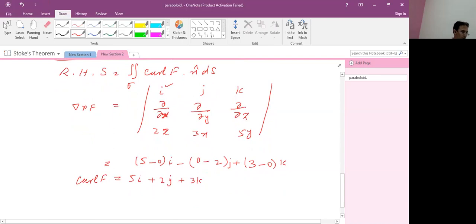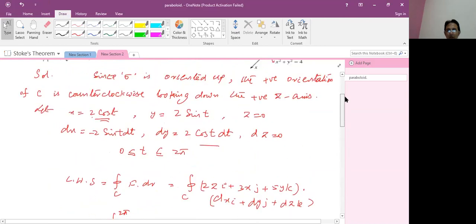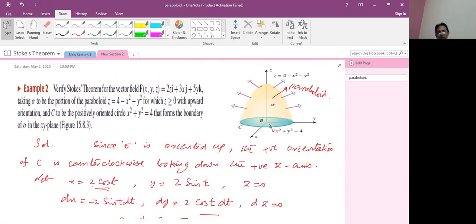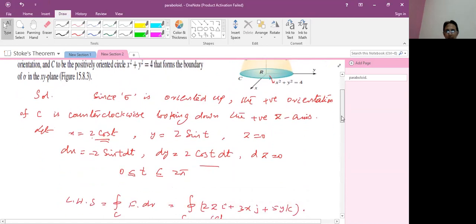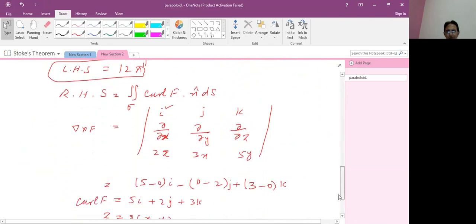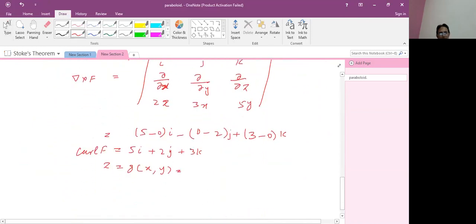So now students, what is z? Z is equal to g of xy, as you can see again with the help of the diagram: z equals 4 minus x square minus y square.